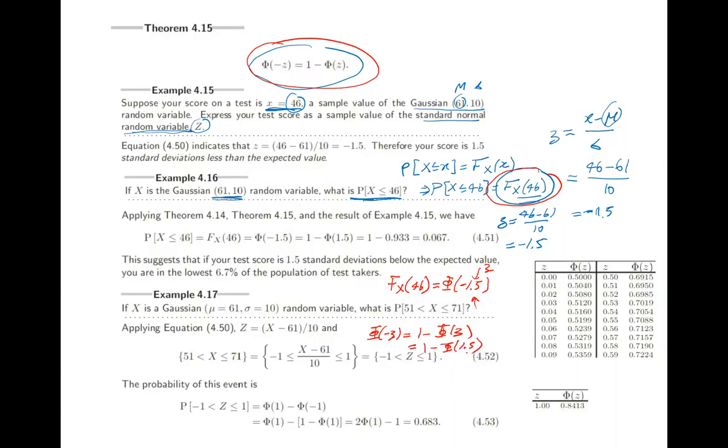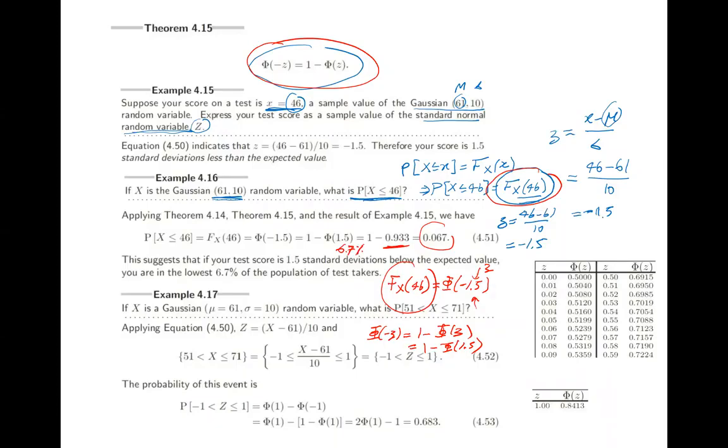So we look at the table and find the value of phi, and then find the value of F_x(46), which is 0.933. So the probability that you get 46 or less is 0.067. So it's about 6.7%.